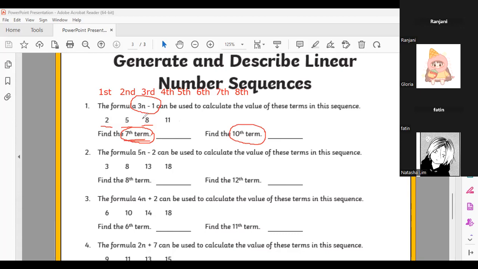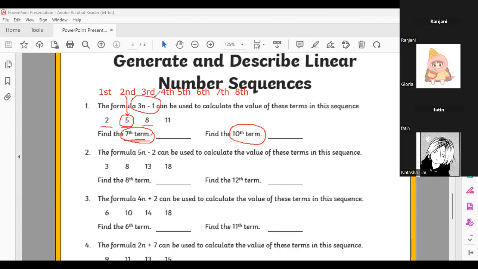Okay, I'll just start again. If this is the second term, can you see the second term is what? 5. So what I'm going to do is put that 5 as my n.